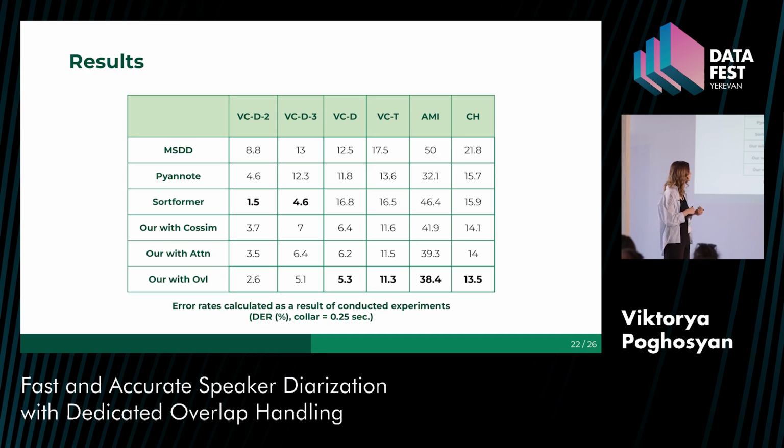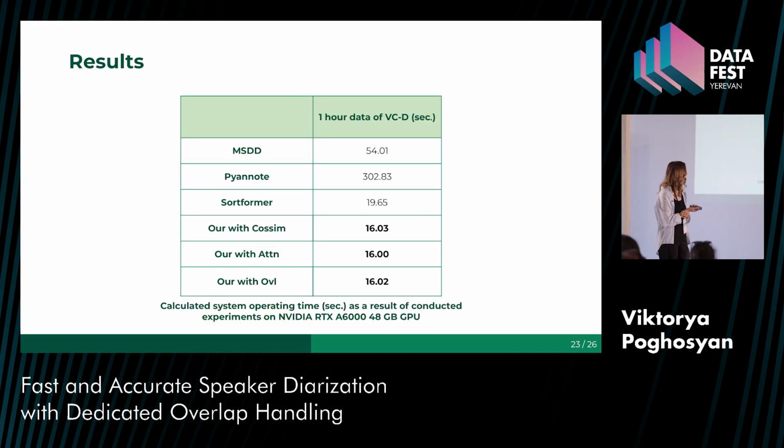This slide represents our results with a collar parameter value of 0.25, which is usual for diarization frameworks. And we also calculated system execution time, and we get faster performance than the open source solutions.